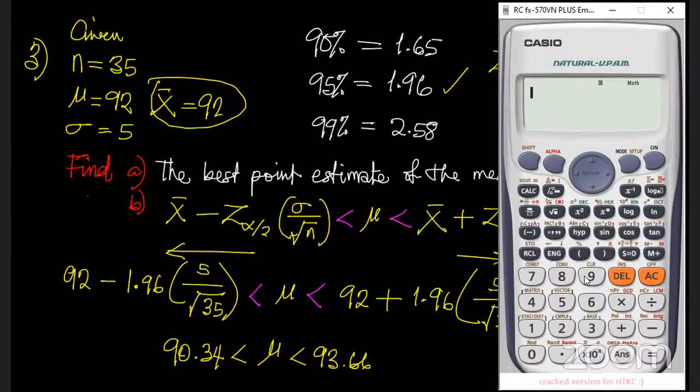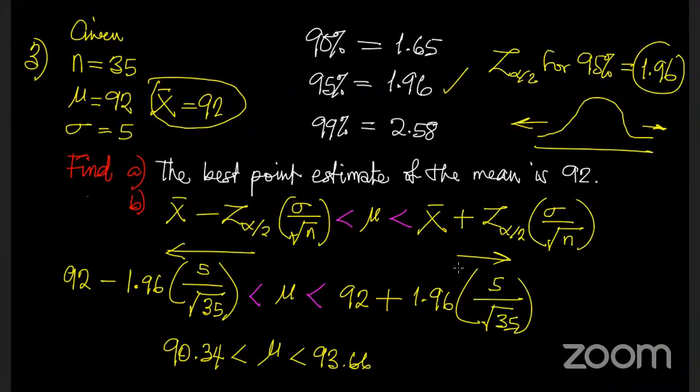So the difference is 93.66 minus 90.34, which is 3.32.